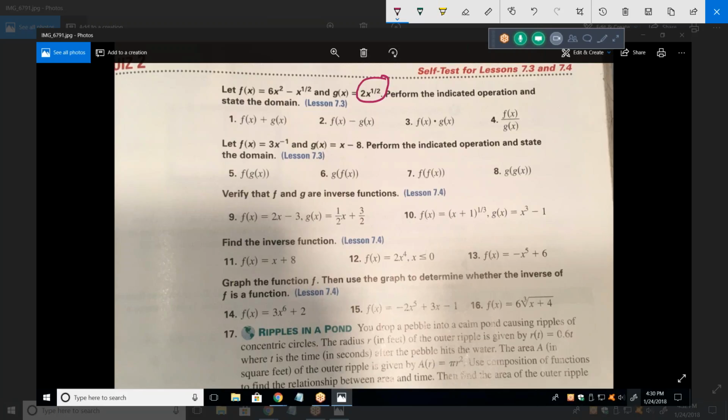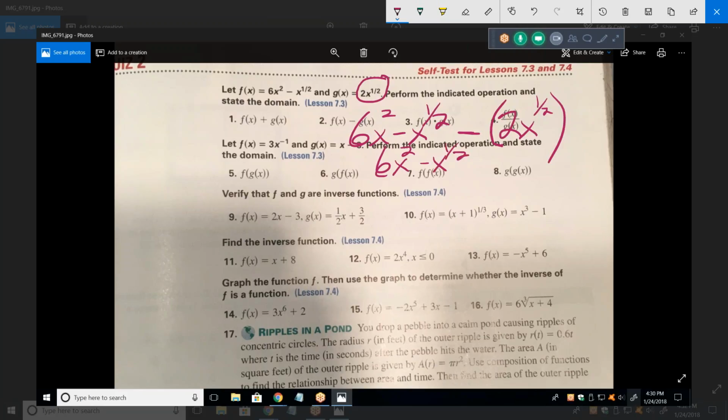I'm going to write 6x squared minus x to the 1/2, and then subtraction. And just for clarification, I'm going to put that in parentheses, even though you don't need it here. Because there's only one term, the next step is to get rid of the parentheses, right? Yeah. Which gives you this.